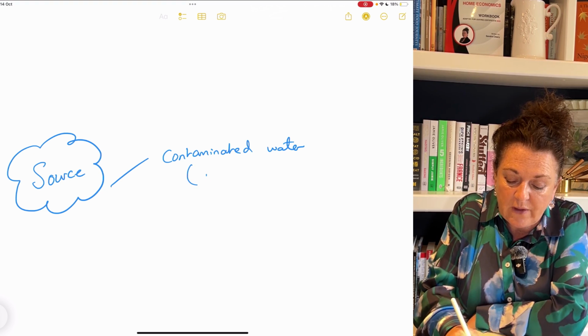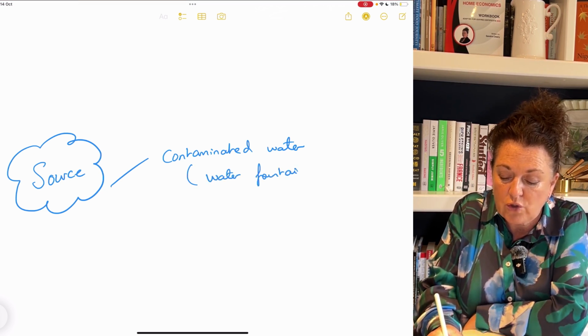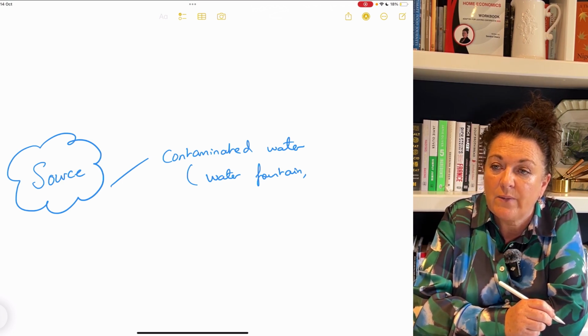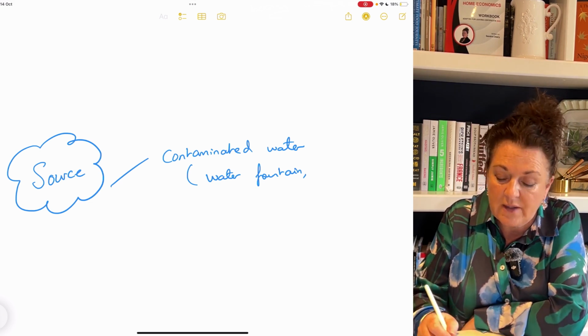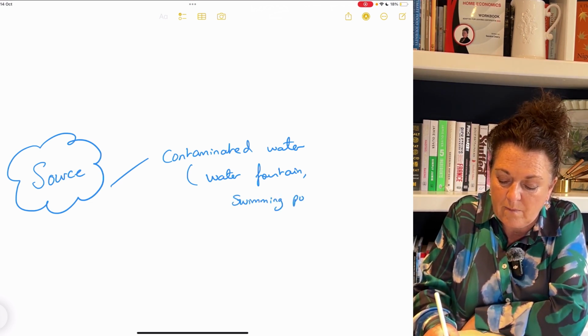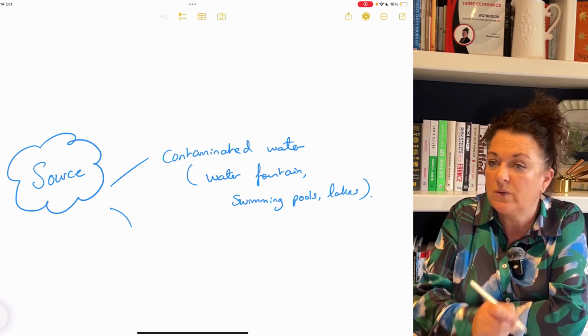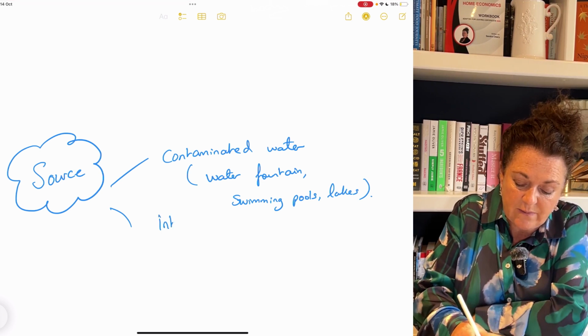So, something like a water fountain, where the water coming through is not clear, and also things like swimming pools, lakes, and so on. Maybe you've got little kiddies out in stagnant water, out in muddy pools. Another one then would be the intestinal tract of animals.